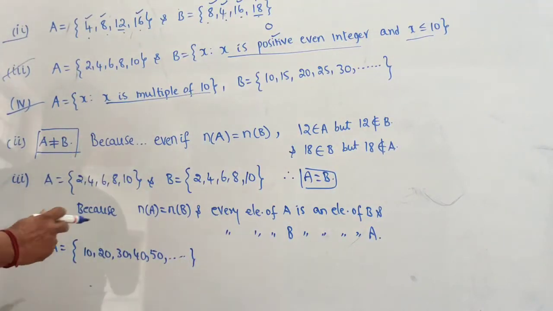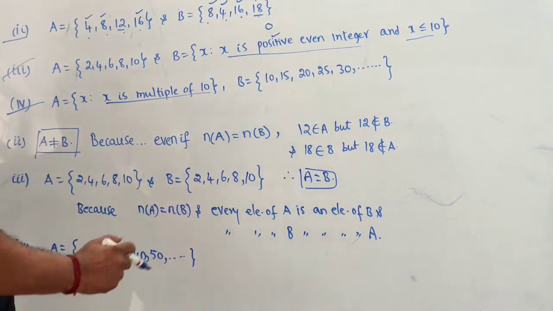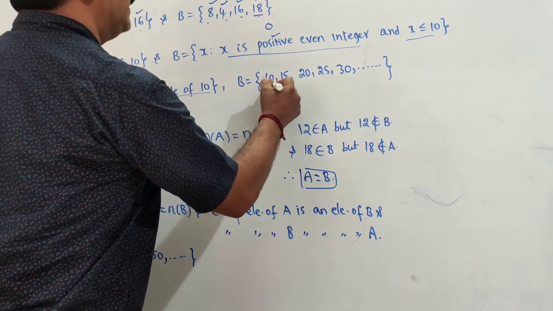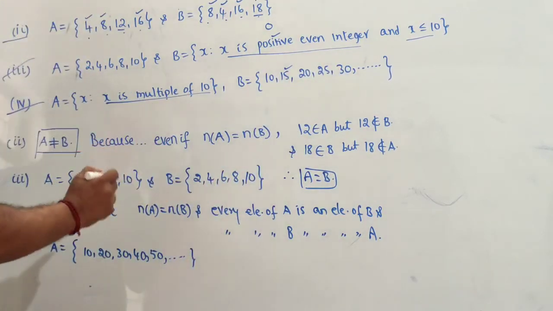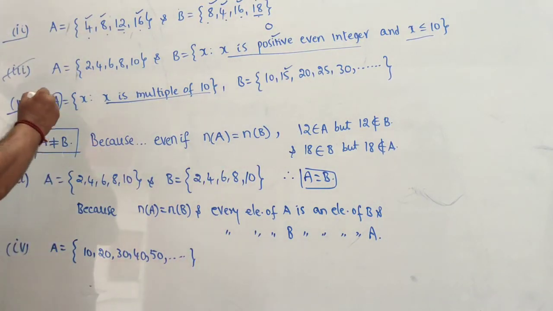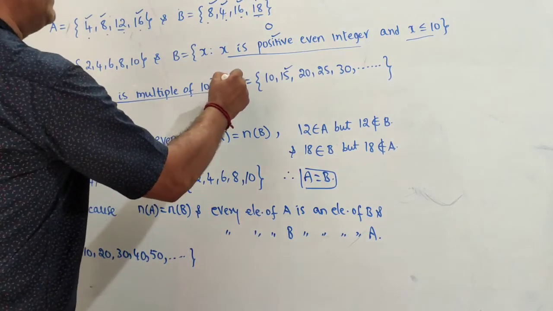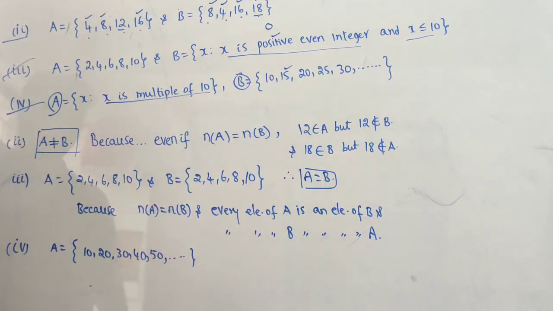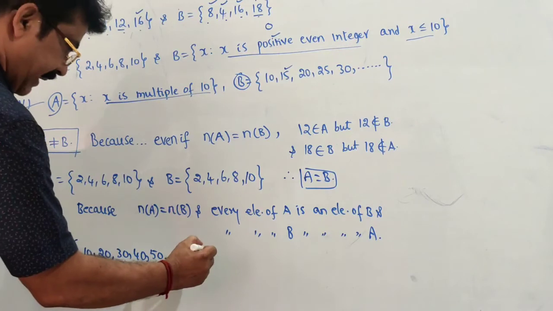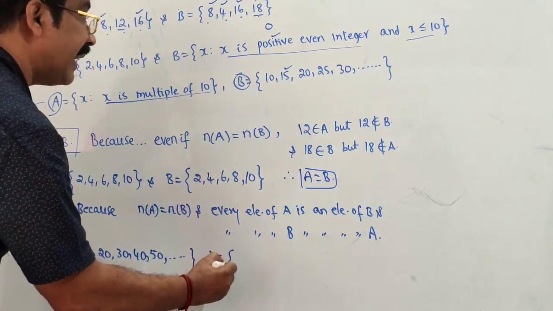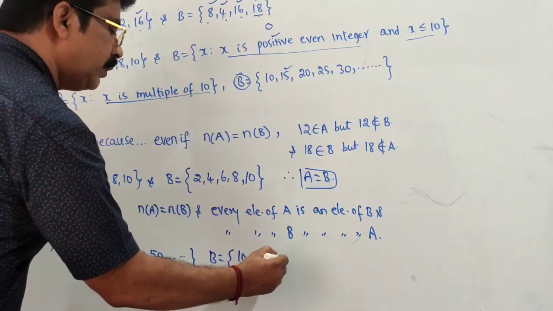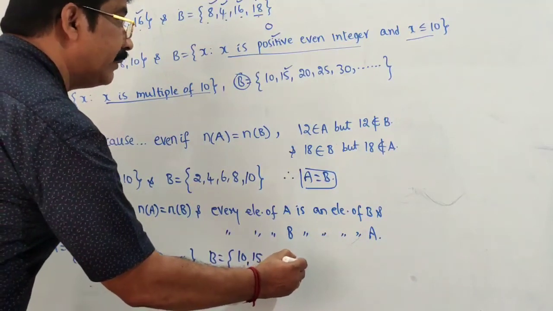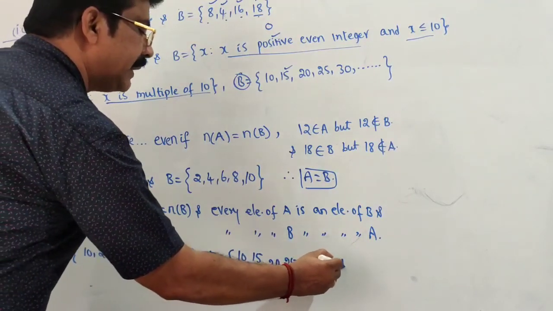These are positive multiples of 10. Here a different element, 15, is there. Of course, capital A is an infinite set and capital B is also an infinite set. But capital B is given as 10, 15, 20, 25, 30, like that.